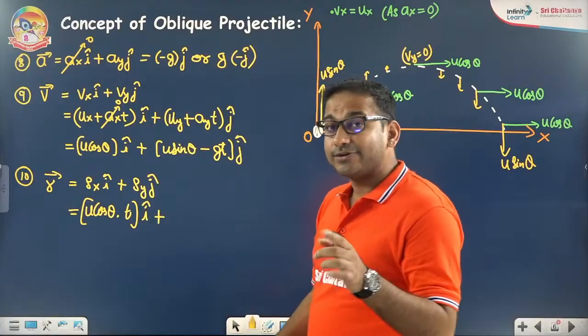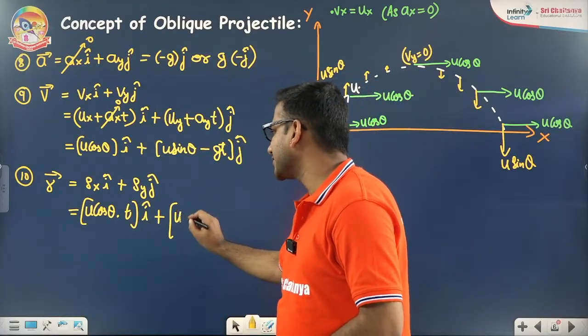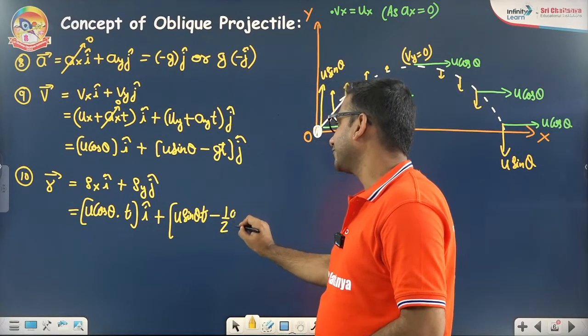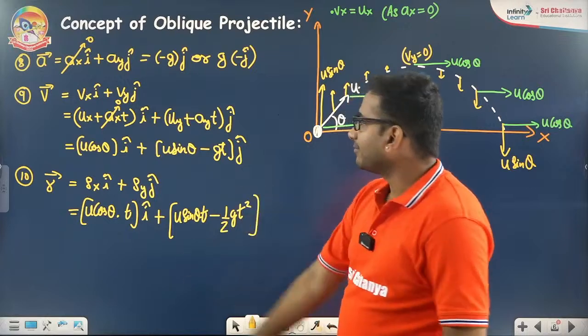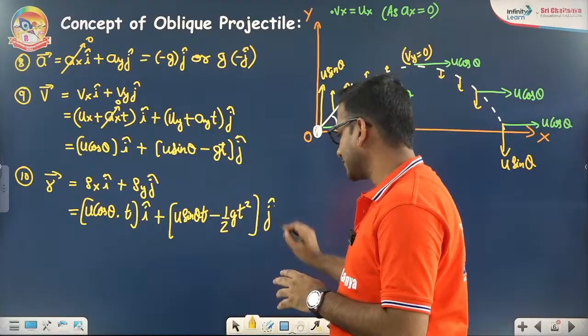And when you apply s equal to ut plus half at square because of uniform acceleration in y-axis, you can write it as u sin theta into t minus half gt square, in j cap.